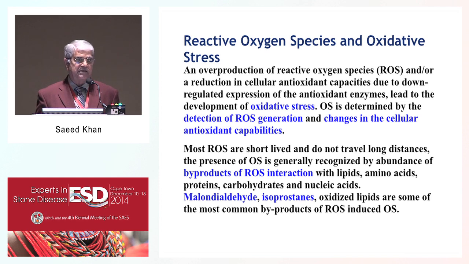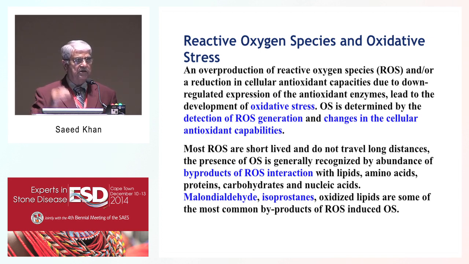But as I said, these are physiological things, so the body is prepared to have a little more of them. They have their own system of antioxidants, so the body maintains homeostasis between production of reactive oxygen species and their use.